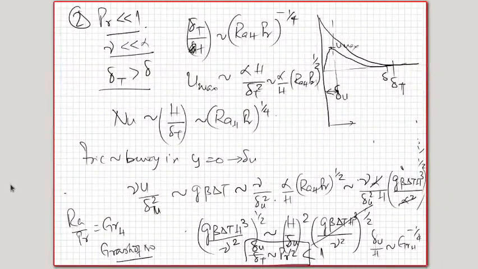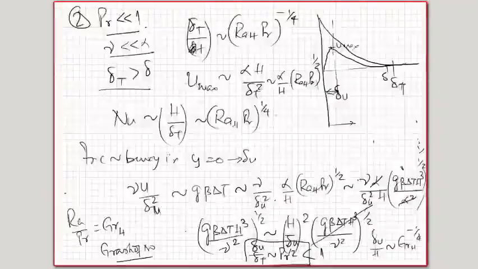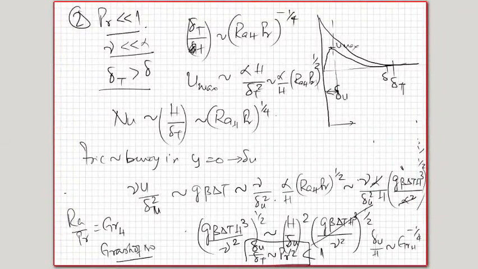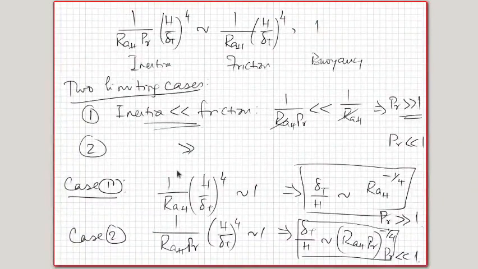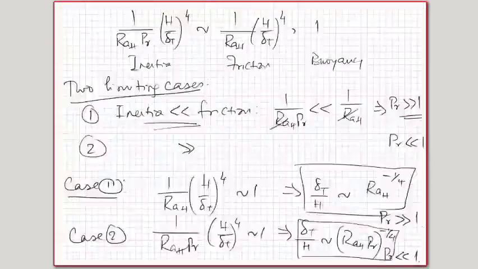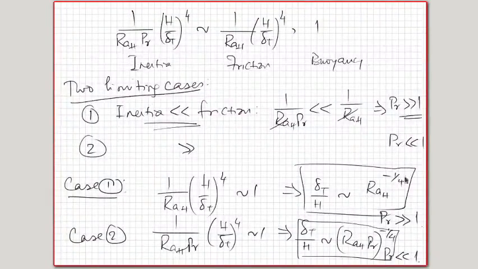So delta and delta t. So this delta t by h has where I get the dependence of Ra to the power 1 by 4. So Ra to the power minus 1 by 4. So delta t is of the order of x into Ra x to the power of minus 1 by 4.